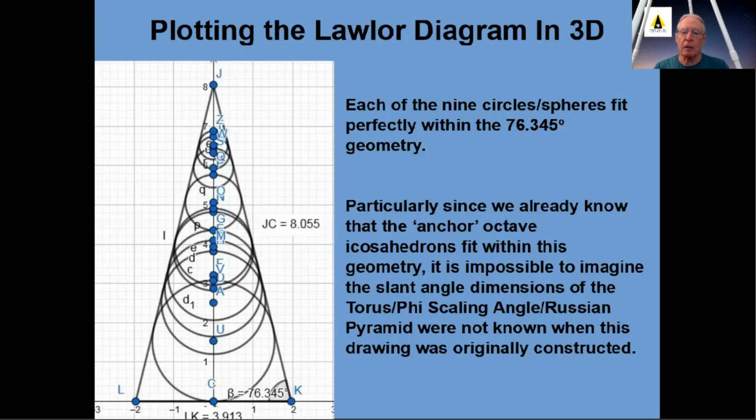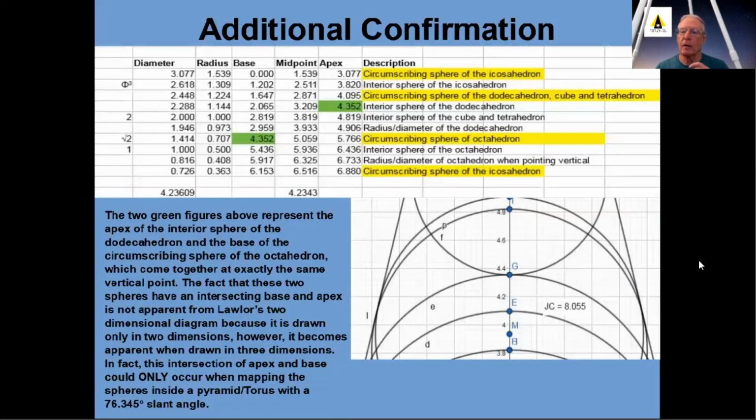So particularly since we already know that the anchor octave icosahedron fit within this geometry, it's impossible for me to imagine that the slant angle dimensions of the torus, the scaling angle, were not known by the original people who put this together in 2 dimensions. It just can't be.